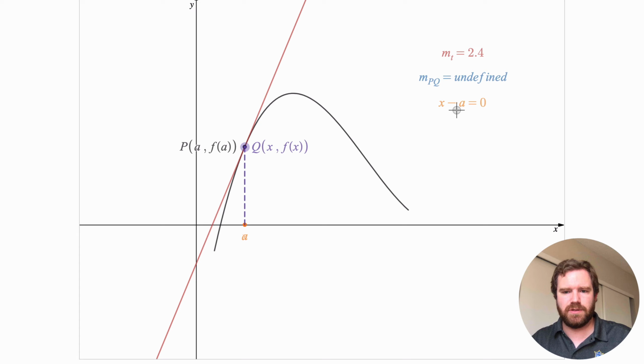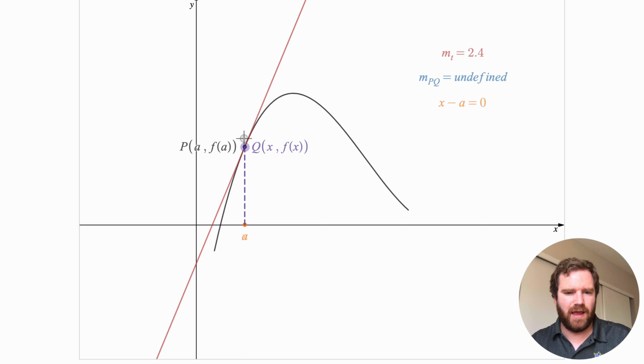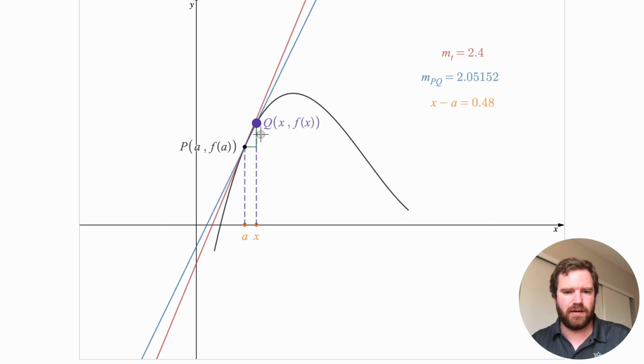Well, when x equals a, the distance between them is 0, and we see that our slope is undefined. So we actually can't find the slope of a secant line when x is equal to a. But it seems like that should be what we want if we're trying to find the slope at a itself, at the tangent line.